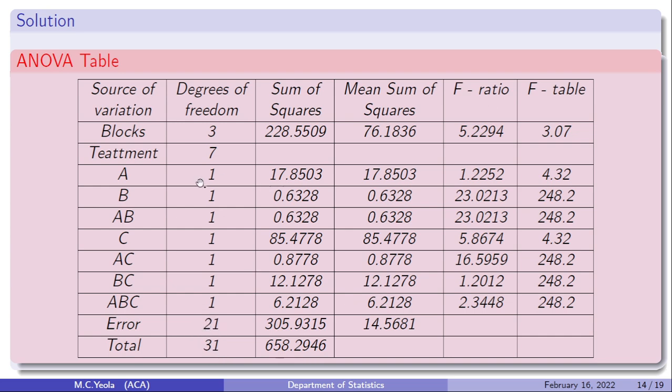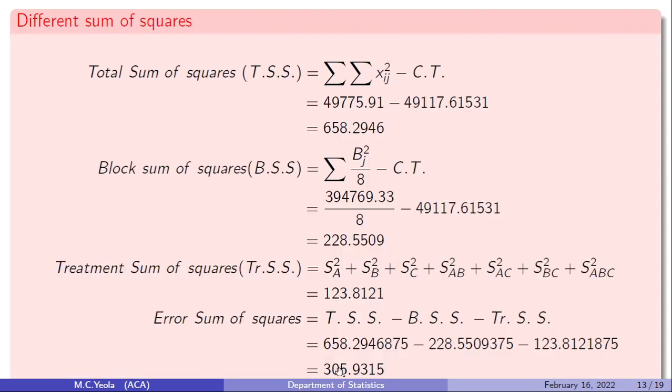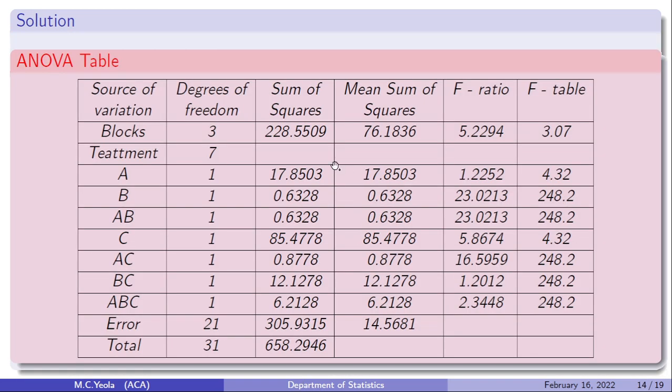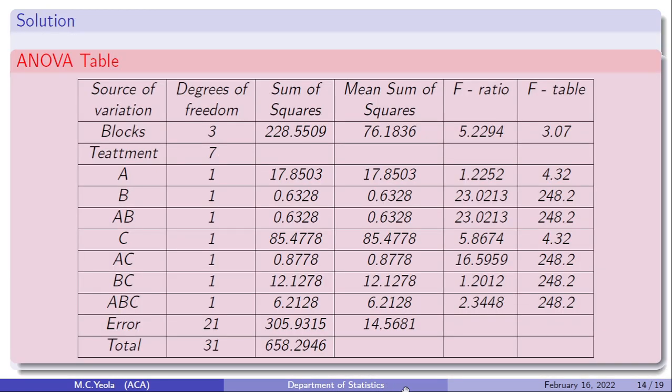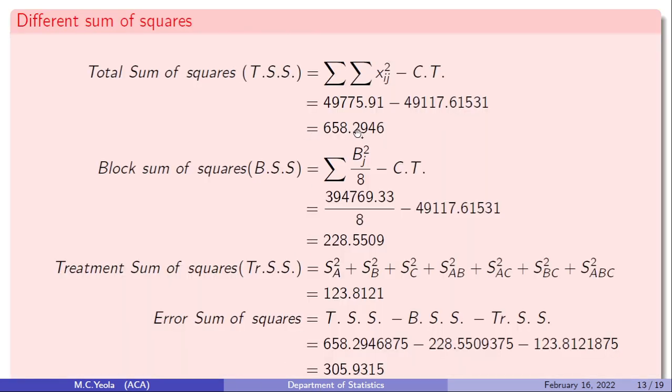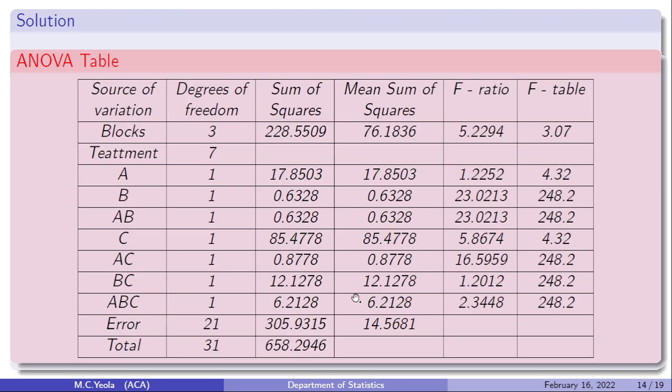Block sum of square we obtained in the previous slide, that is 228.5509, substituted here, and the treatment sum of square we also obtained and substituted here. Error sum of square we just obtained, 305.9315, is written here, and the total sum of square is also substituted over here.